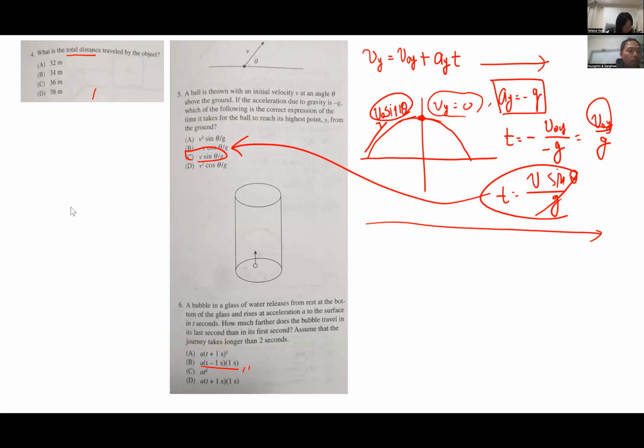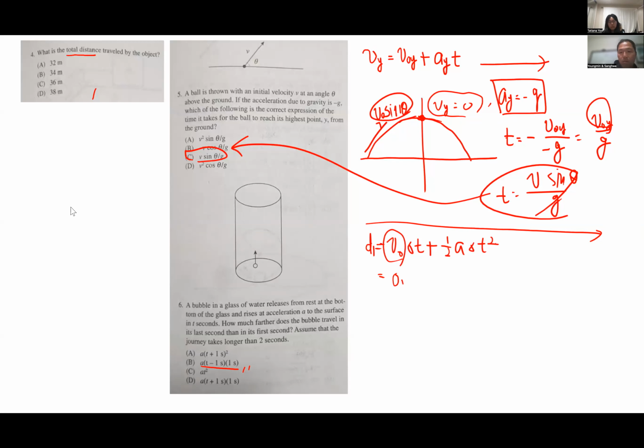So for the first 1 second, travel distance d1 is initial velocity v0 times delta t plus 1/2 a times delta t squared, right? So there's no initial velocity, so that's 0 times 1 second. Oops, there's one.